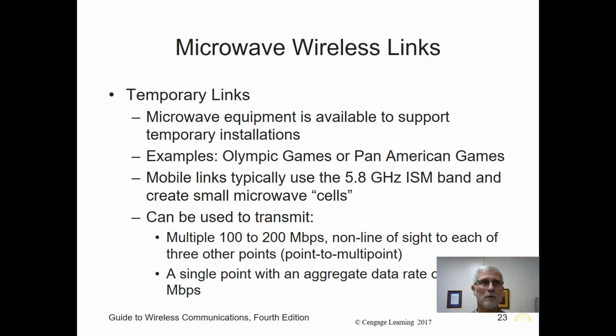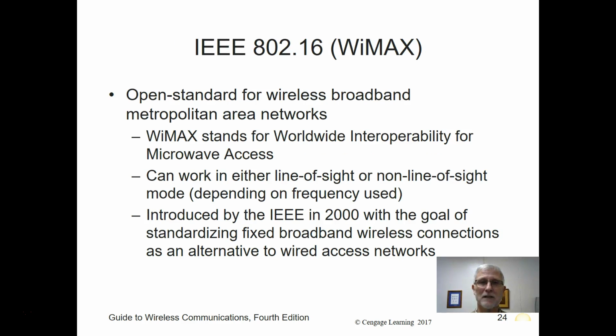I don't have to run cable every time I move to a football game or set up a new sporting event. They can transmit not quite as fast, but I can get multiple 100 to 200 megabit lines. They can be non-line of sight in some cases, but if they are, single point, I can get up to 600 megabits. Now, the open standard for wireless broadband for this is 802.16.